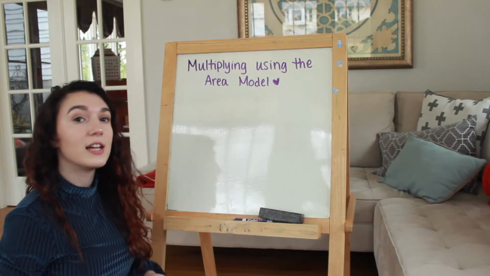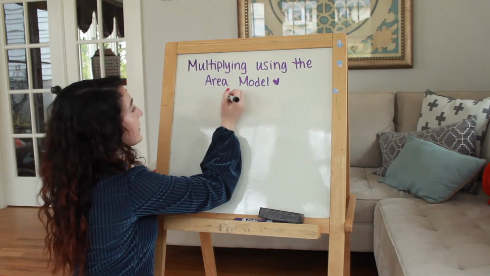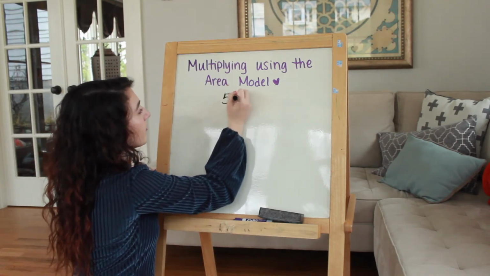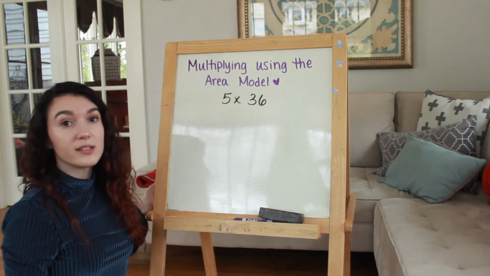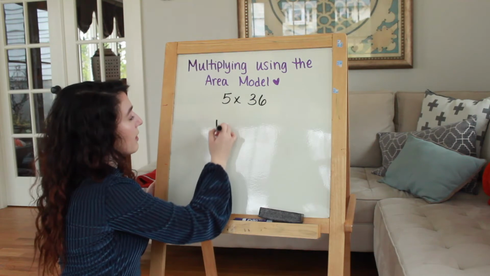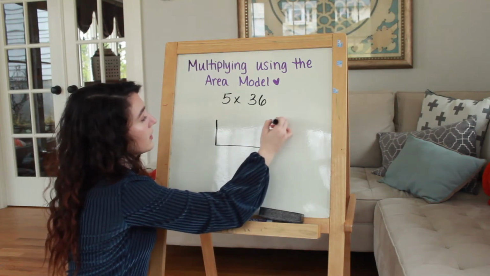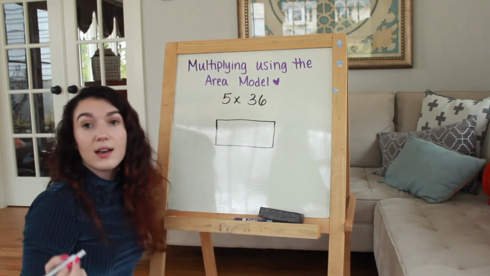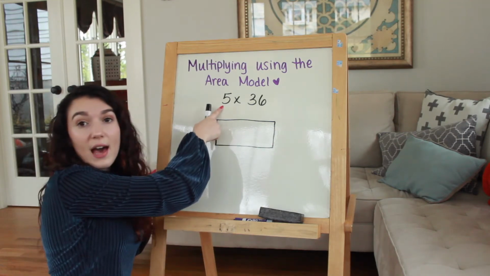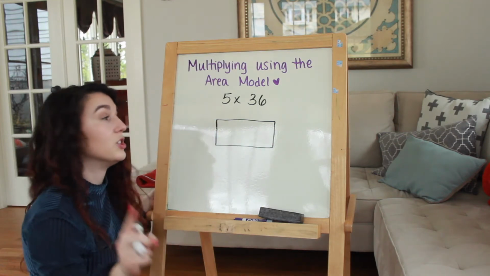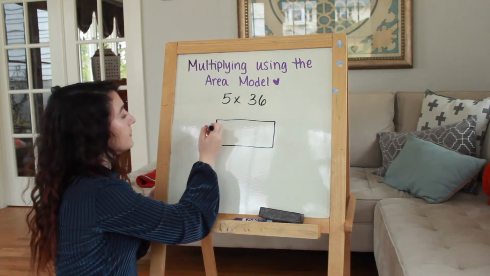Okay, so if I start with a new problem and I say 5 times 36, my rectangle, or my box, is going to look the same as the one in the previous problem because I know that 5 only has 1 digit or 1 place value.